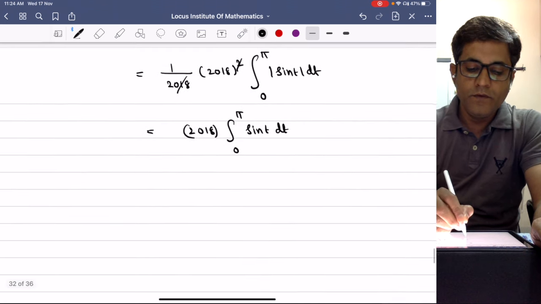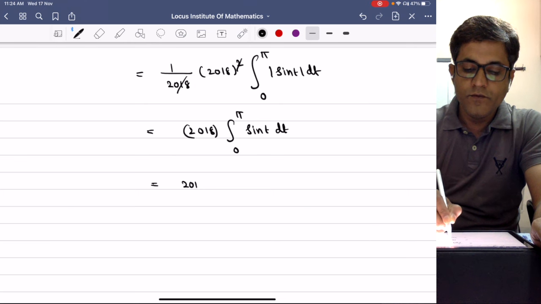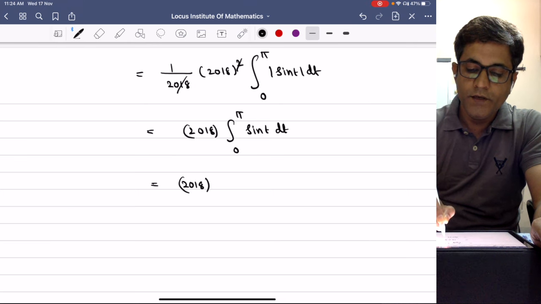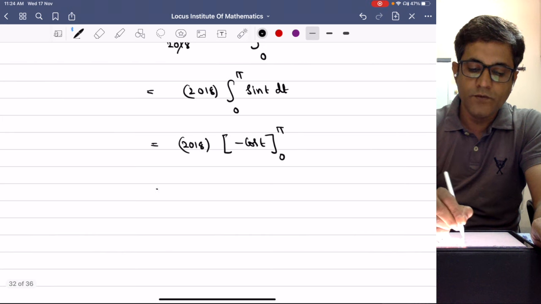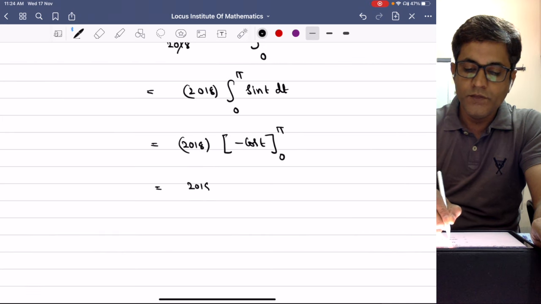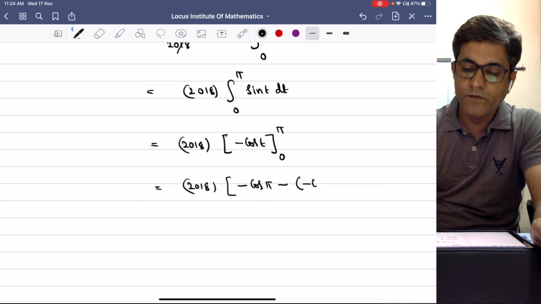Now this is equal to 2018 times the integral of sin t, which is minus cos t, with limits from 0 to π. Substituting the limits, this is 2018 times (minus cos π minus (minus cos 0)).